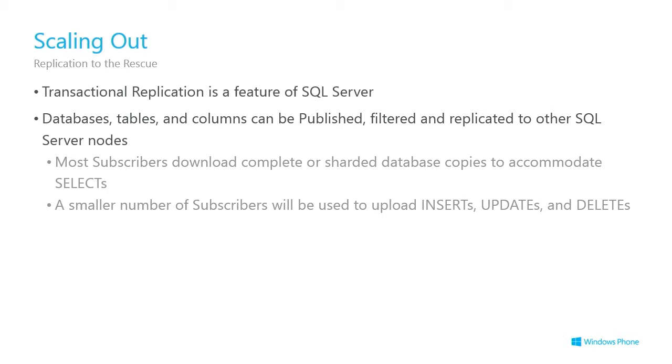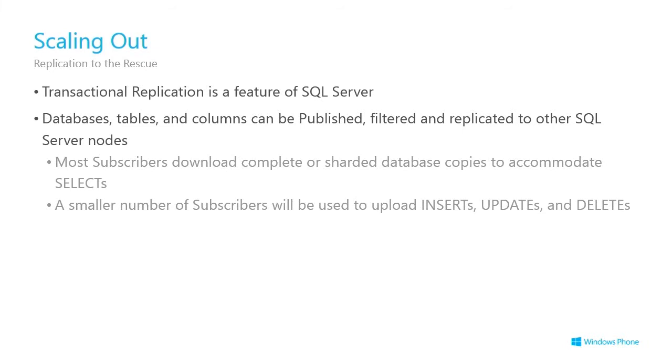So if you imagine at the top of a pyramid, you've got your SQL Server database with the aggregated data we have, but we need to support, let's just say 800,000 devices. We're not going to cut it where we are. So we're going to use replication, and we get to go through a nice, easy to use wizard to say, I'm going to publish this database and these particular tables and columns, and then I'm going to filter them specifically.